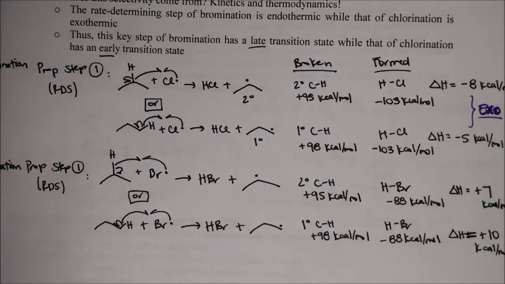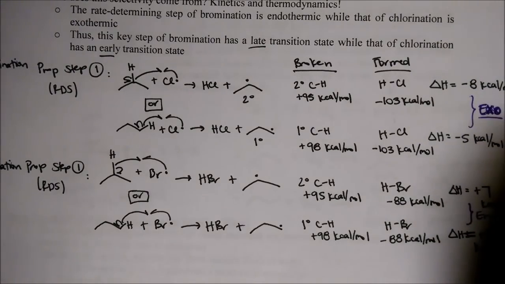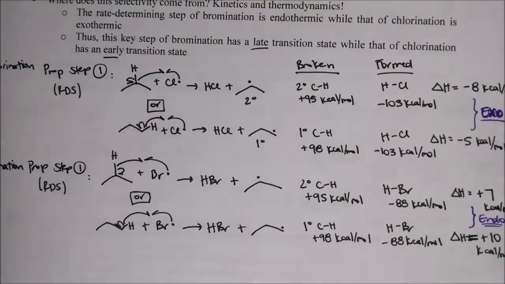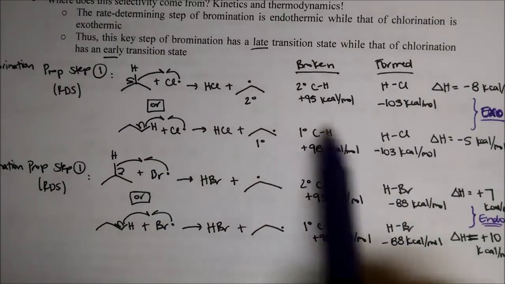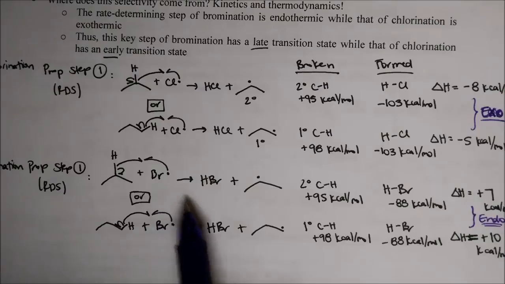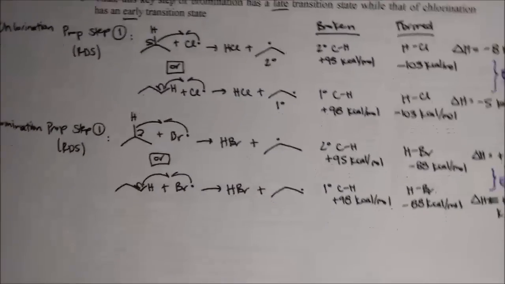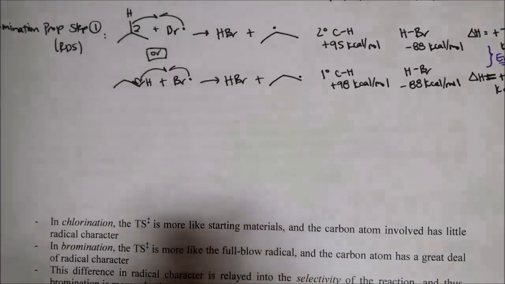So importantly, they are endothermic, which means when we draw their reaction energy diagrams, they're going to be slightly different. With the chlorination it's exothermic, and in the bromination it's endothermic. I went through and calculated that and showed you that that was true. So all we have to do now is remember the Hammond postulate.